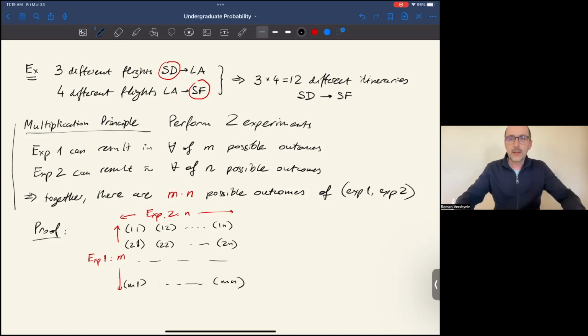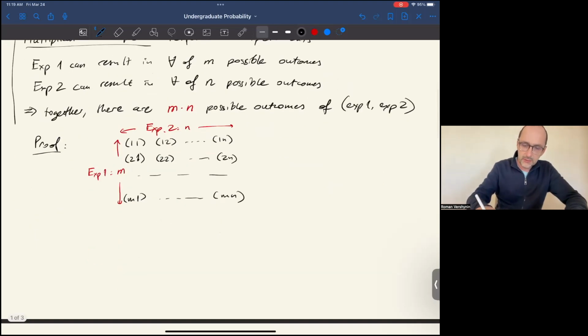This table is a list of all possible outcomes of the pair of experiment 1, experiment 2. And as we can see, the number of entries in this list is m times n. And so that's why the multiplication principle works and gives us m times n here.